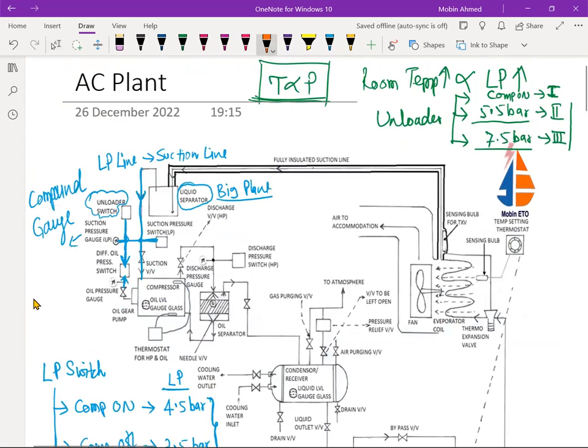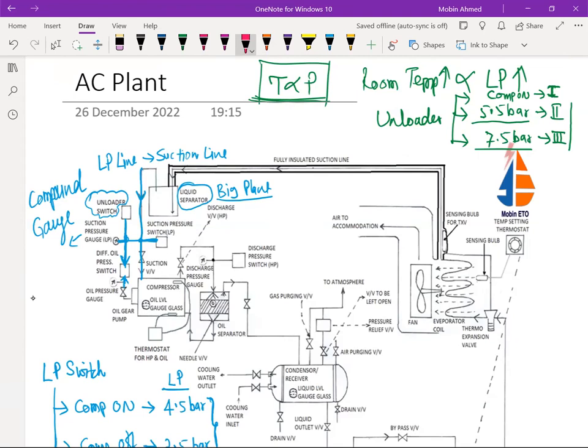So this is a differential oil pressure switch, or oil protection switch. This is how it works. This is the protection we have here. Now there is another protection as well, and it is at the discharge point.